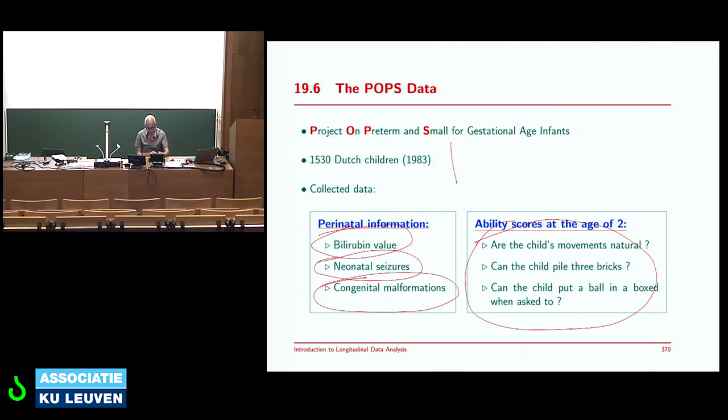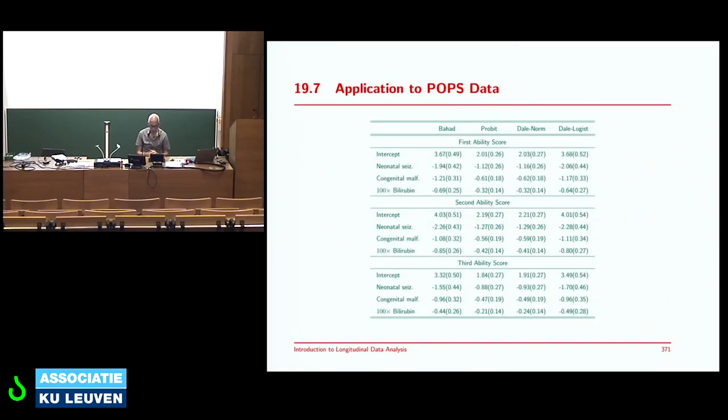So the probability that ability score 1 and ability score 2 and ability score 3 is equal to 1, to model that properly, I need a proper trivariate model. I need to take the correlation into account even when I don't care.